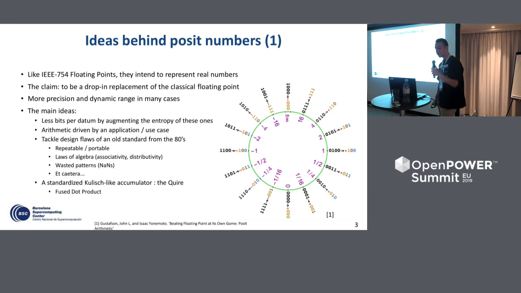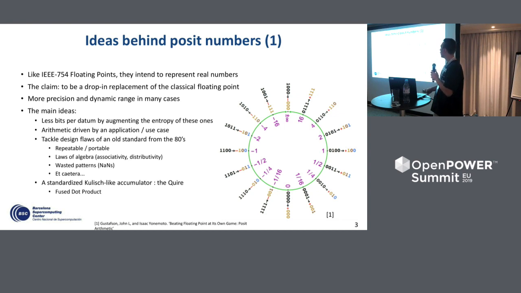So Posit numbers, like floating points, the ones you know, the IEEE, intend to represent real numbers. The claim from the authors is to be a drop-in replacement. The idea is to better sync the repartition of the bits inside the number, but being more data-driven and problem-driven than just a very general purpose arithmetic representation.